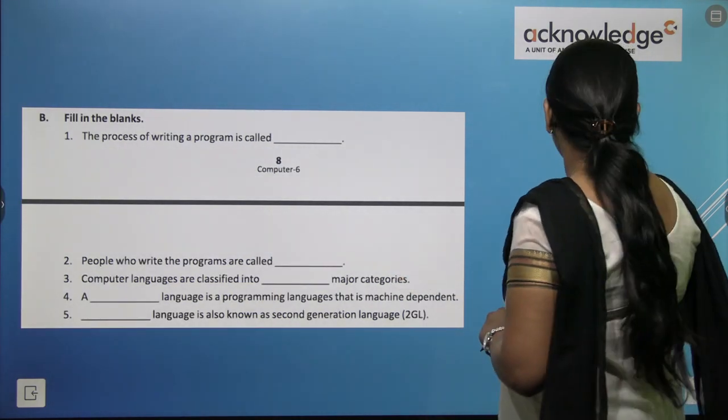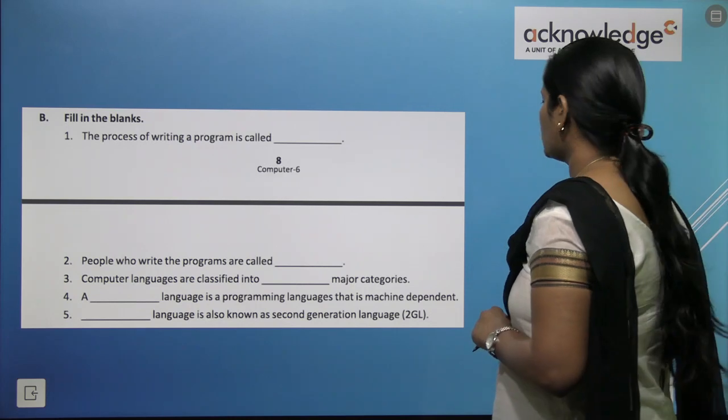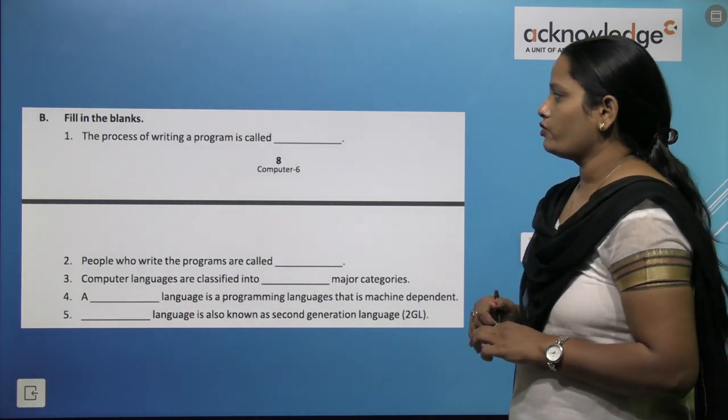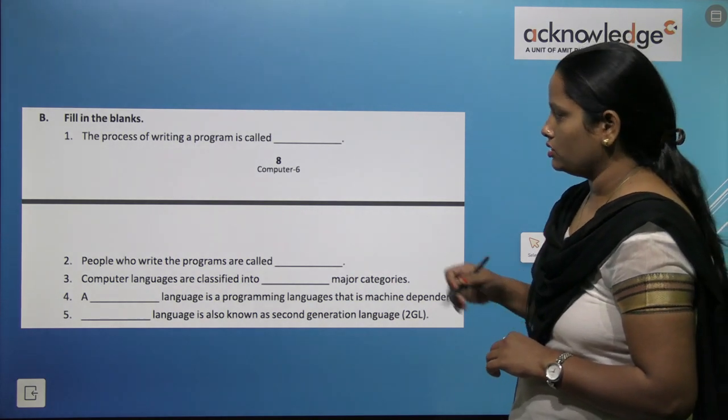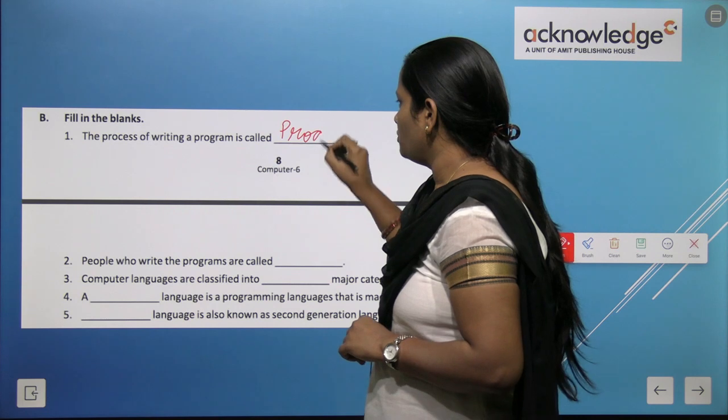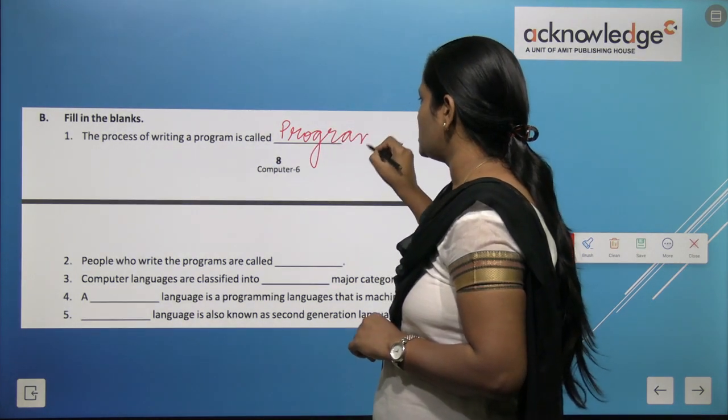Come to fill in the blanks. So first question in the fill in the blanks category is, the process of writing a program is called. So it's very easy. The process of writing a program is programming. Write it down.